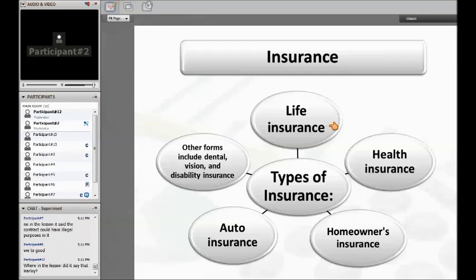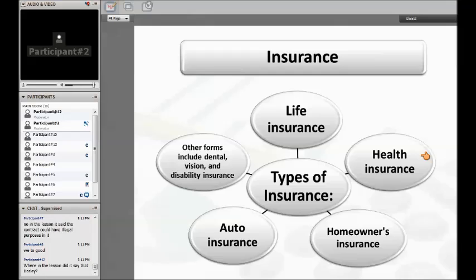So if I have a life insurance policy on myself and I name my husband as the beneficiary, if I were to pass away, my husband would get whatever the insurance policy had for me. Say I have a $200,000 policy, he would get that money. Then you have health insurance. Health insurance is very important.